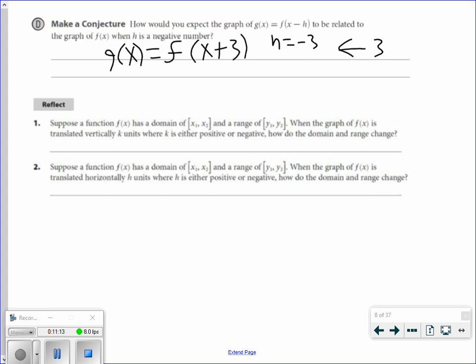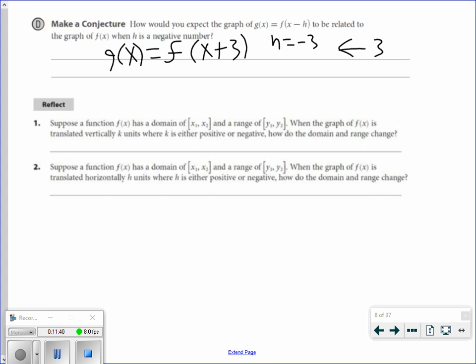All right. Now, reflect. Suppose a function f of x has a domain of x1, x2, and a range of y1, y2. When the graph of f of x is translated vertically k units, where k is either positive or negative, how do the domain and range change? All it's saying is that let's say you have some graph and you move it up or down. All it's doing when you're moving it up and down is you're just changing the y values, right?